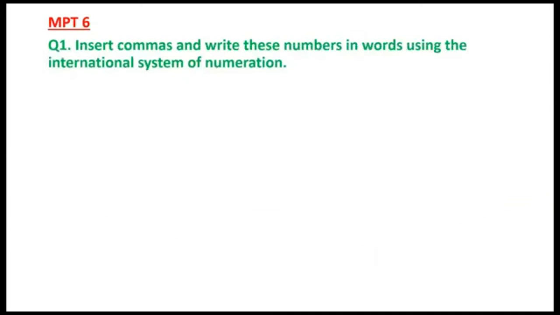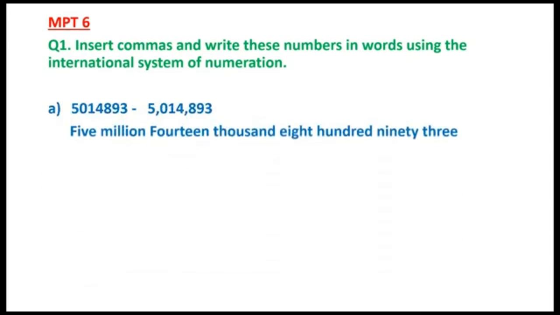Now let's solve some of the questions from My Practice Time 6. Question number 1. Insert commas and write these numbers in words using the international system of numeration. The first number is 5014893. We have to place the commas according to the international system of numeration.